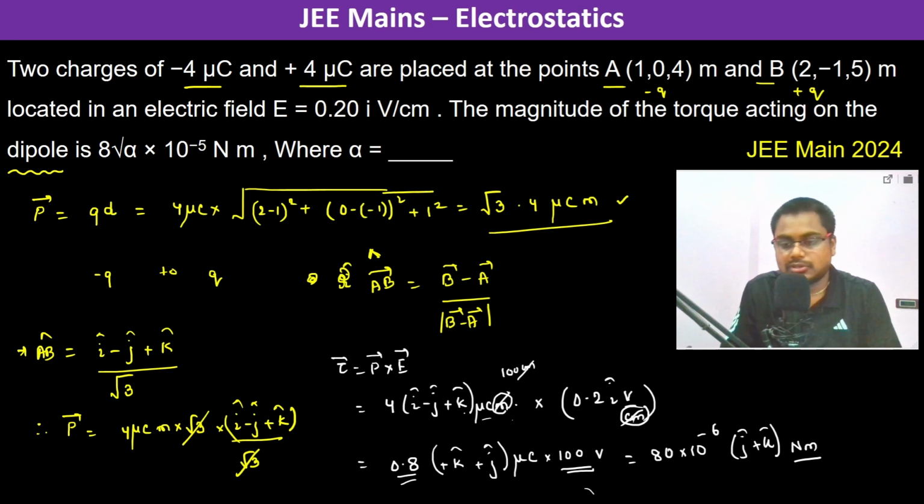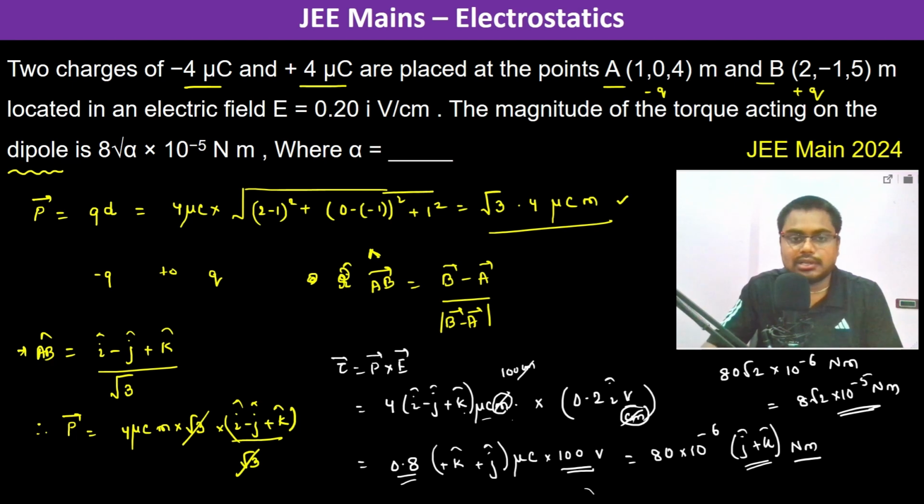Now we have to find the magnitude of j plus k, so it's 80 root 2 into 10 to the power minus 6 Newton meter. So this becomes 8 root 2 into 10 to the power minus 5 Newton meter. So here clearly alpha is 2, so 2 is the answer.